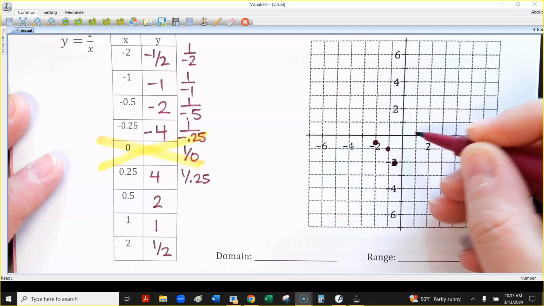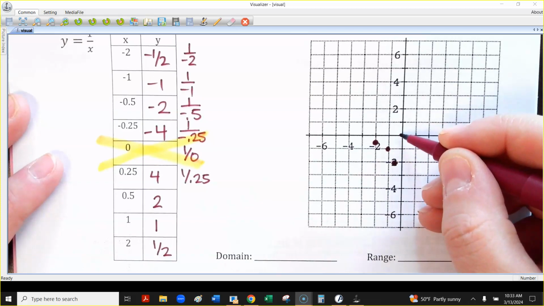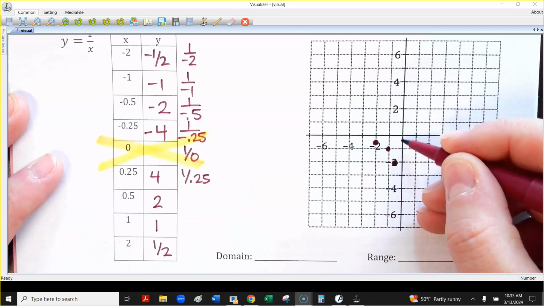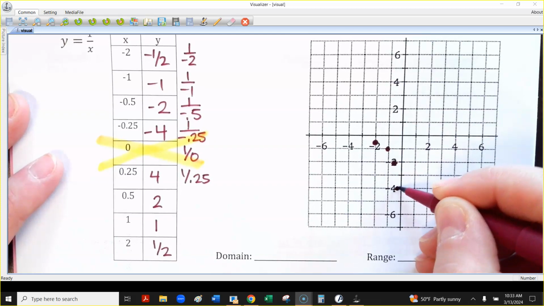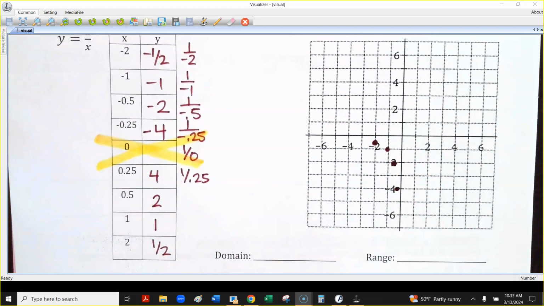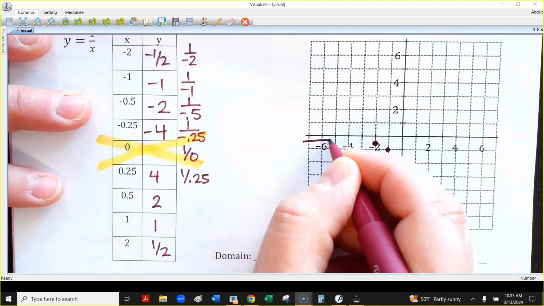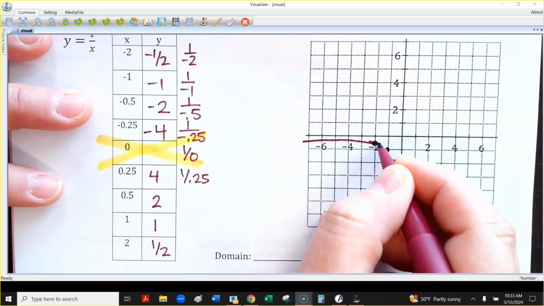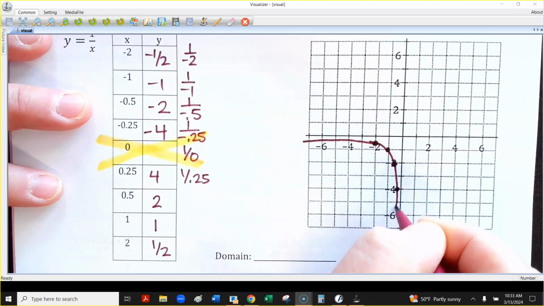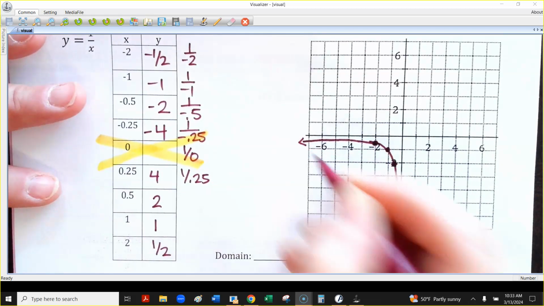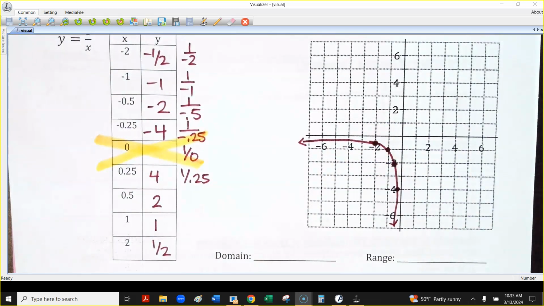And then -1/4, kind of go halfway between, and go down to -4. I didn't do too many other numbers here, but I'm going to show you what this looks like. This curves into these points and makes this shape. It does not touch or go over the x or y axis.